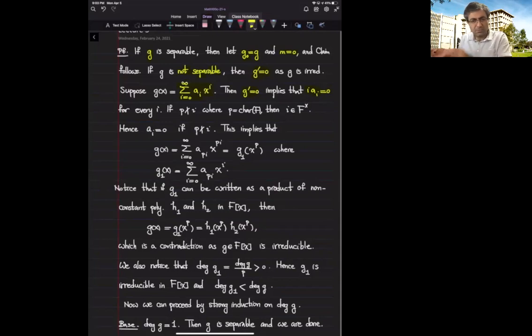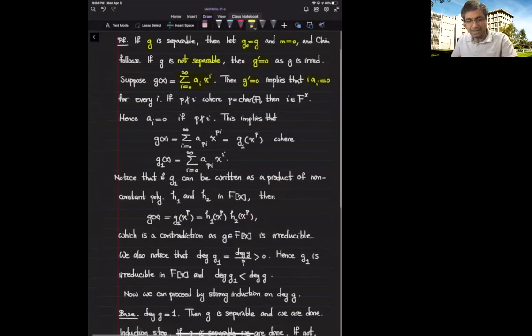So if i is 0, it's already clear. Otherwise, it's one of the coefficients of g prime, and because g prime is 0, we deduce that i times a sub i is 0. If my characteristic doesn't divide i, then i is a unit inside this field. So knowing that i times a sub i is 0 implies that a sub i is 0.